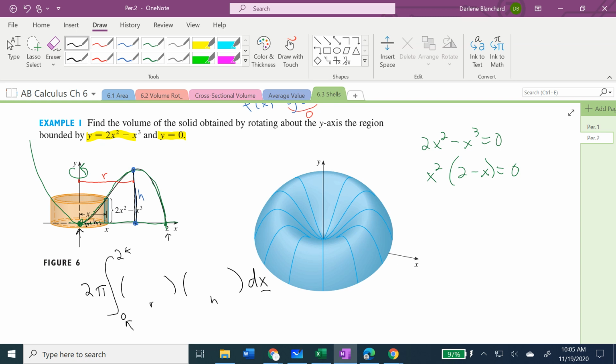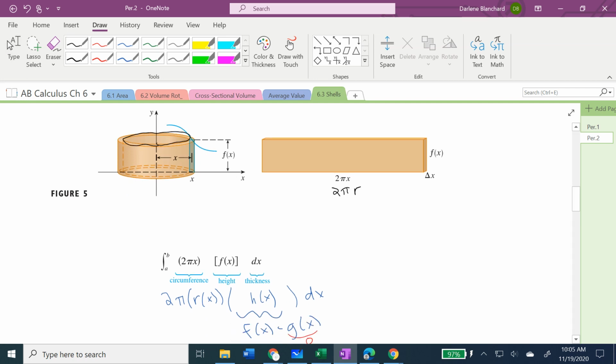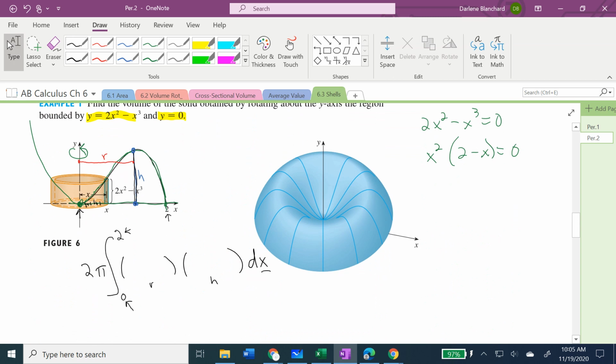The 2 pi comes from the fact that this is the circumference, so it's 2 pi r for one of the dimensions of the rectangle. I call it a peeled off label from a can. So x is going through all of these numbers.